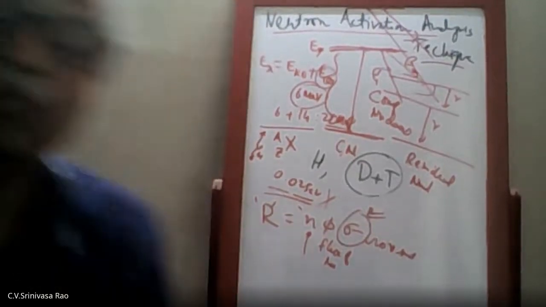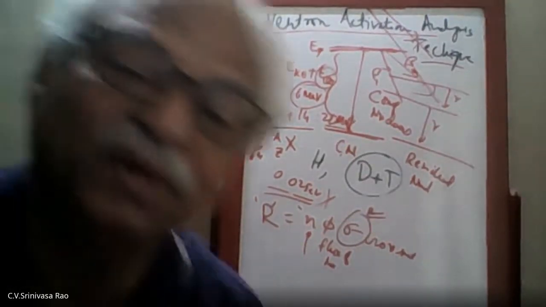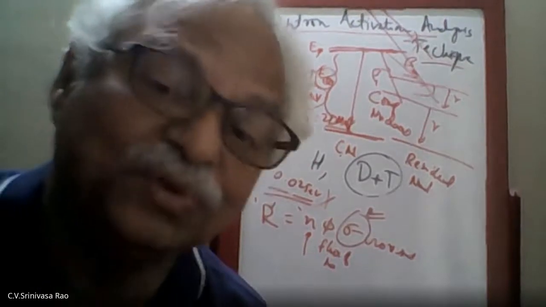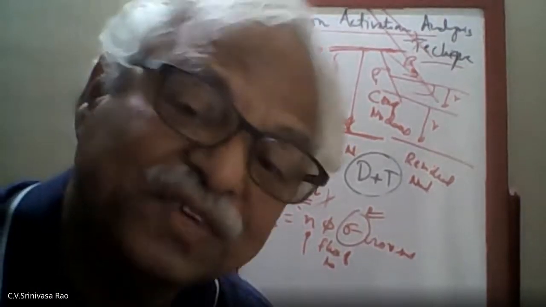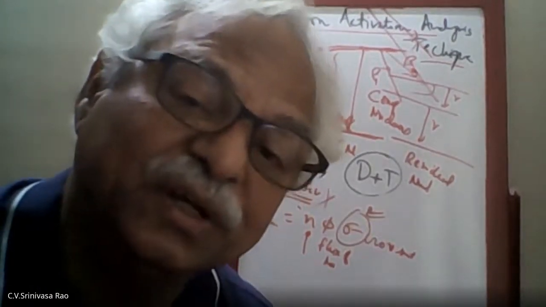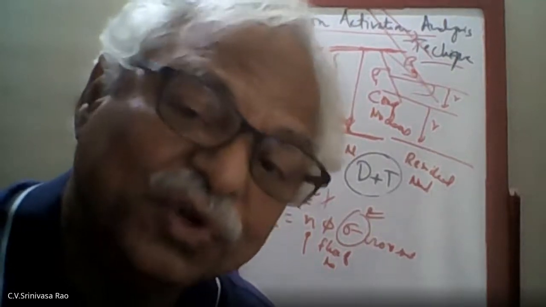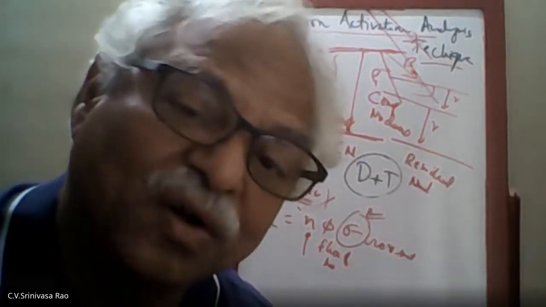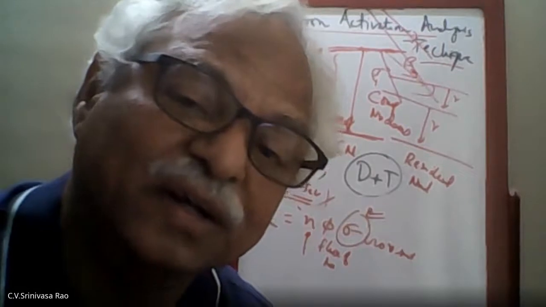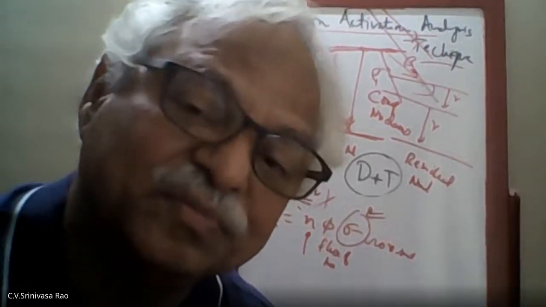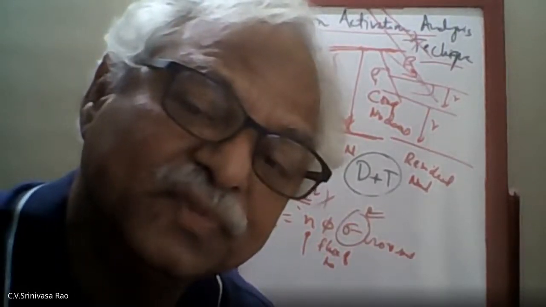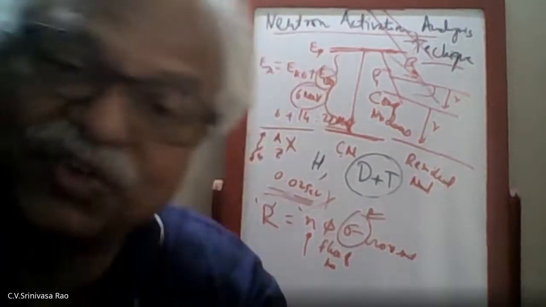Because before you go to the experimental setup, you should know exactly what you want to do so that you don't waste the neutrons that you are producing. Also, those neutrons which are produced should not cause any problem for other members, or in your own lab, it can destroy some of your things.